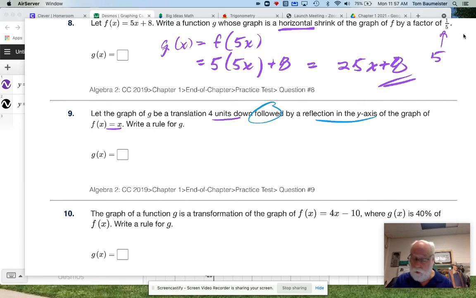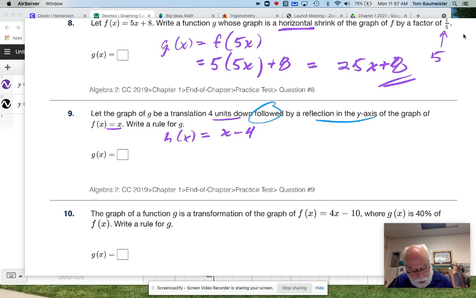So we're doing 2 things. So remember, I told you when we do 2 things, your book likes to start you with h of x. So our h of x is going to be x minus 4. All right?